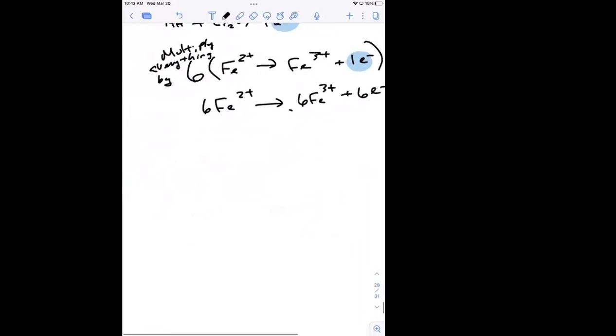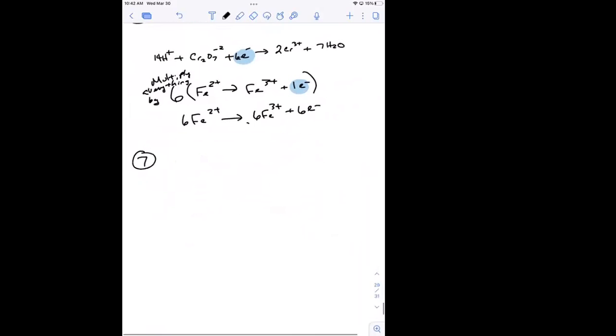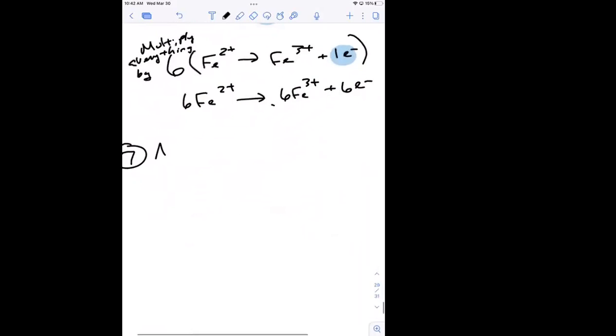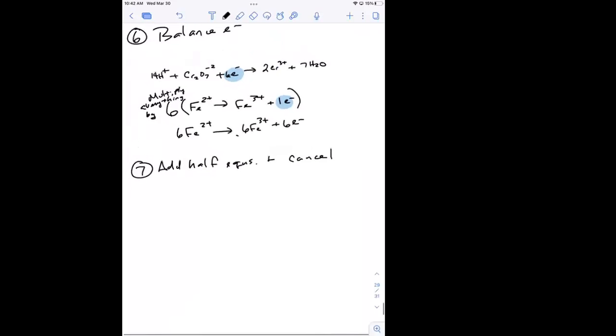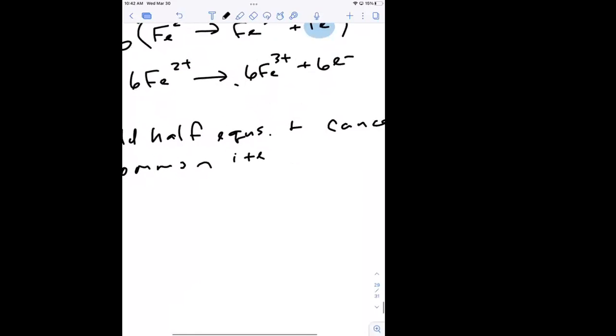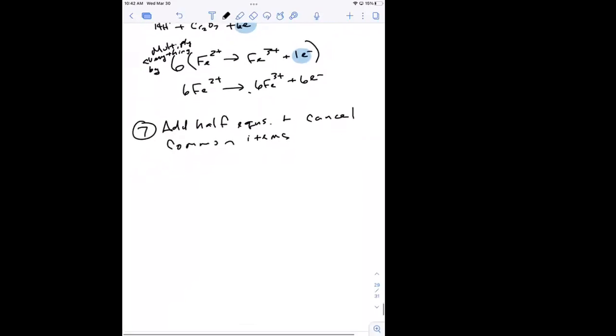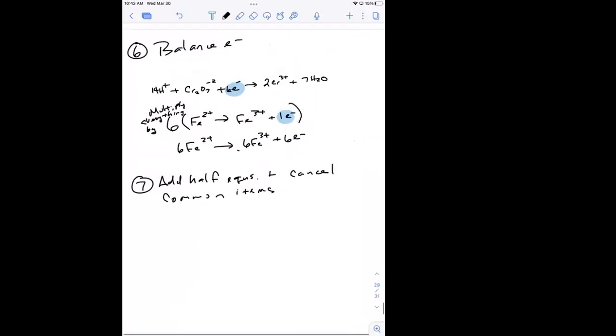All right. So the last step is to add the half equations and cancel what you can cancel. I'm just going to add them together. And then you're going to cancel anything that's common to both sides.